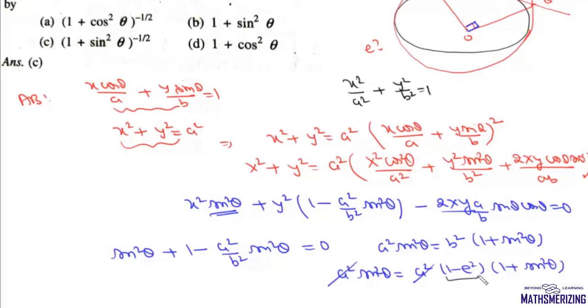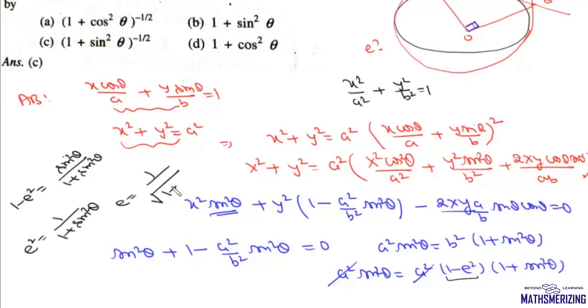So we can write 1 minus e square equals sin square theta upon (1 plus sin square theta), and e square will then be 1 upon (1 plus sin square theta). So the value of e is simply 1 upon under root (1 plus sin square theta), and that's your option number C.